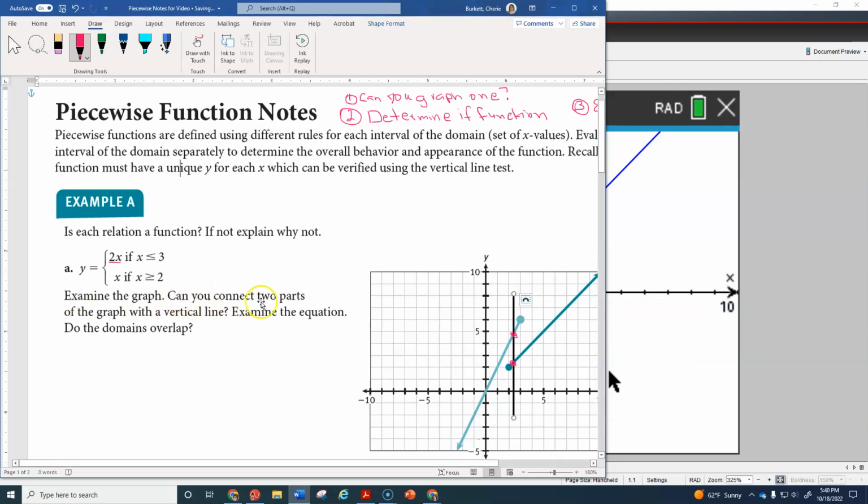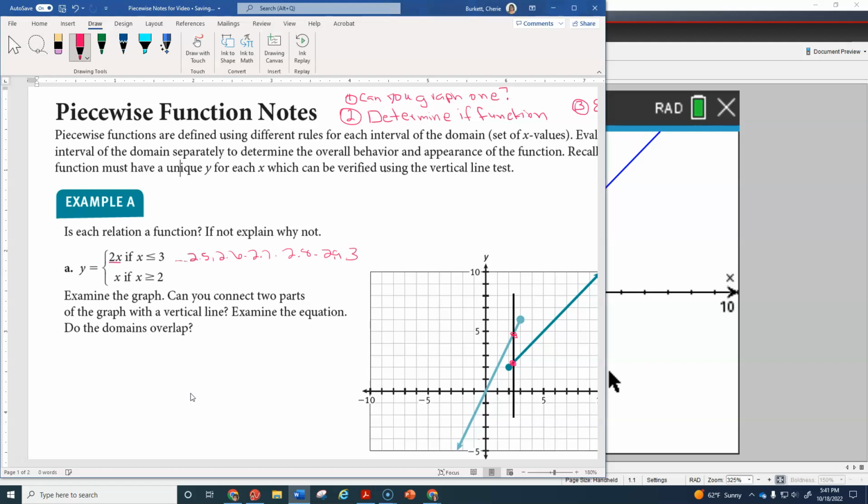So that's why they were asking you, can you connect two parts of the graph with a vertical line? If the answer is yes, then it's not a function. The reason that's happening is because we've overlapped on our domain right here. When it says x numbers that are less than 3, if you're thinking about a number line, it's like 2.5, 2.6, 2.7, 2.8, 2.9.